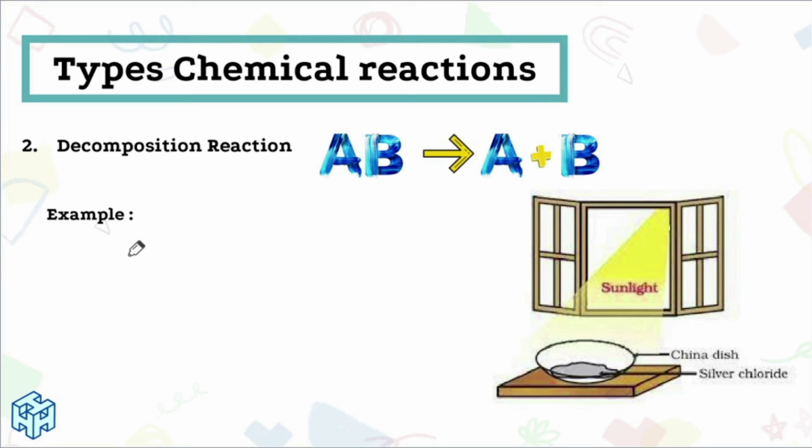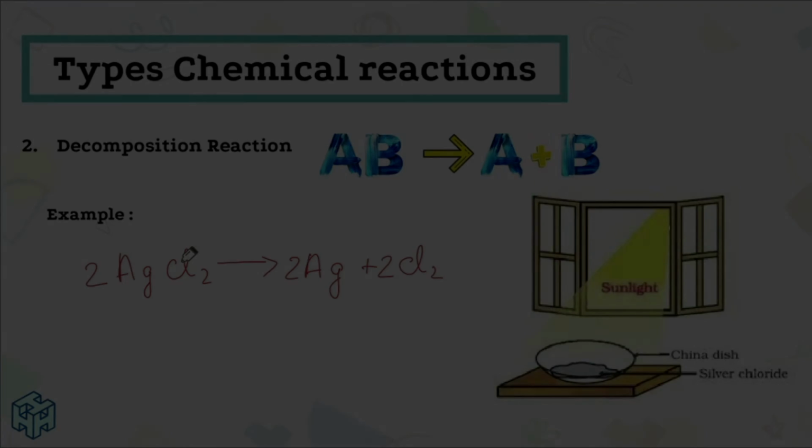Let me consider silver chloride, which is the China dish we usually use in our homes, or I will give you a more relevant example. This will get into Ag plus Cl2. Did you get it? Let us balance it to make it quite clear. Did you get it? Yes!